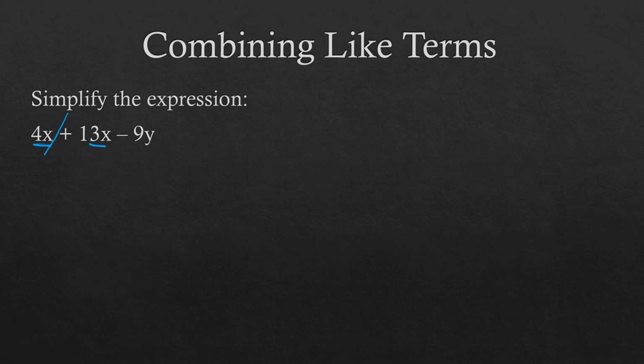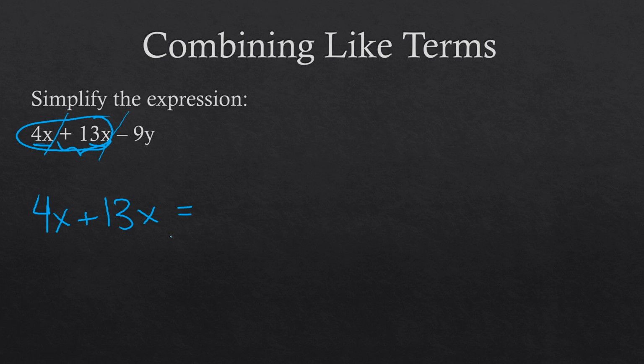So remember, I'm going to draw my slashes in front of my plus and minus signs. Okay, so I need to combine these two together. So I'm going to have a 4x, and then this plus 13x is going to come with it. Okay, so now let's combine these together.